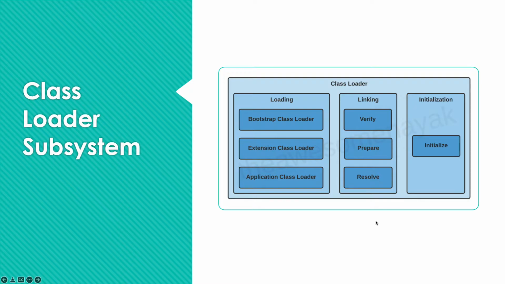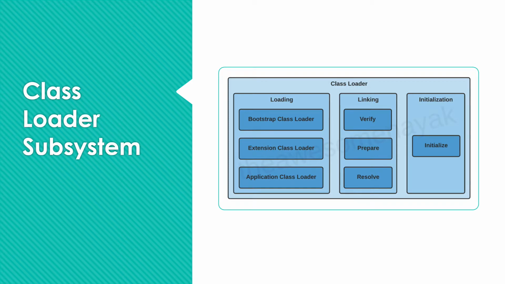Before this, I just wanted to bring up again that once you compile your Java code into a class file, that class file will be the input to the JVM, right? So class loader will eventually get the class file as its input.